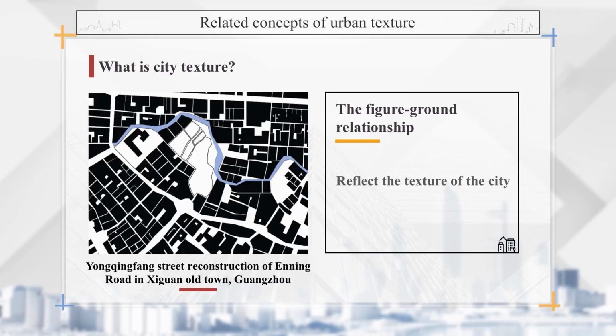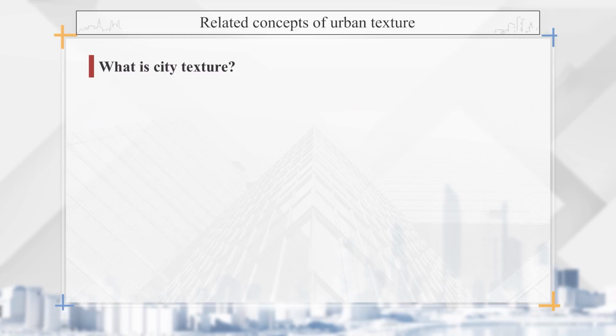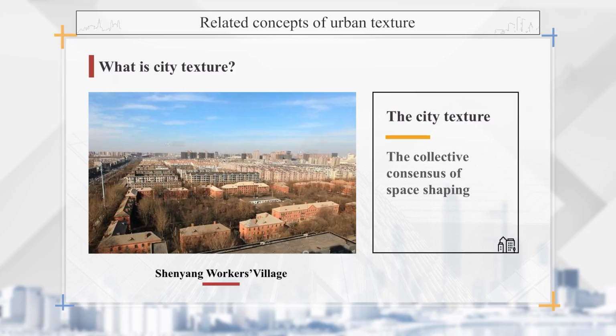We can analyze from this graph the density of buildings, the width and the density of streets and lanes, and the distribution characteristics of open space nodes, etc. The city texture can reflect the collective consensus of space shaping formed in a certain evolutionary time. That is, people's habit of a space feeling formed in a region for a long time.